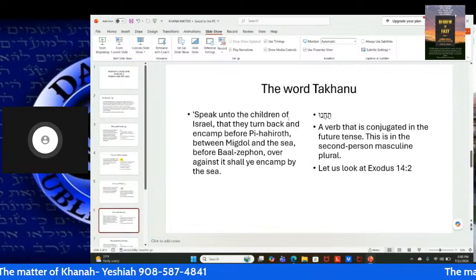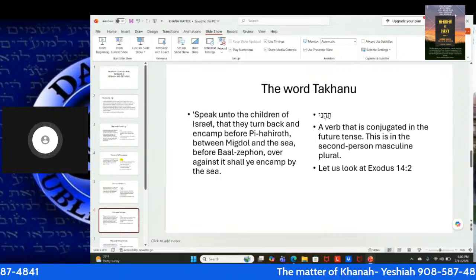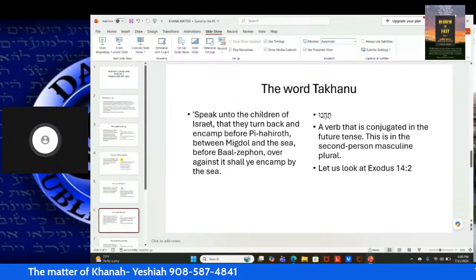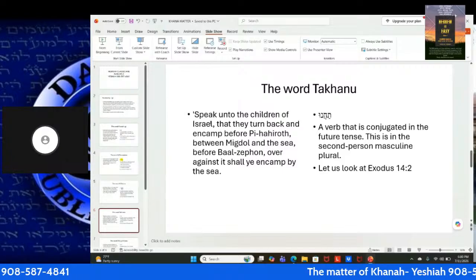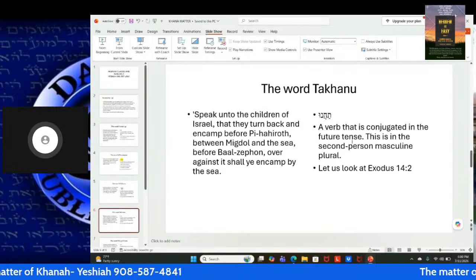The word Takhanu: speak unto the children of Israel that they turn back and encamp before Pihahiroth, between Migdol and the sea, before Baal-zephon; over against it shall ye encamp by the sea. Now, the word Takhanu, we're going to focus on in this case, right? It is a verb that is conjugated in the future tense.